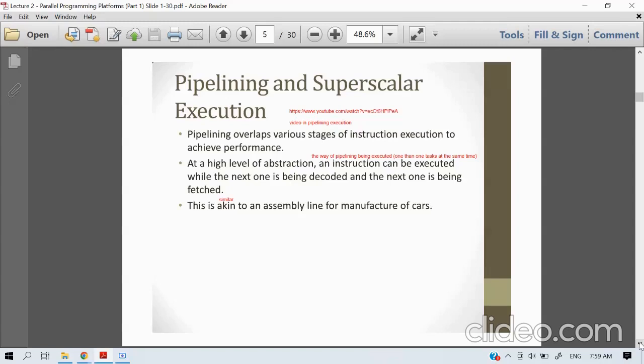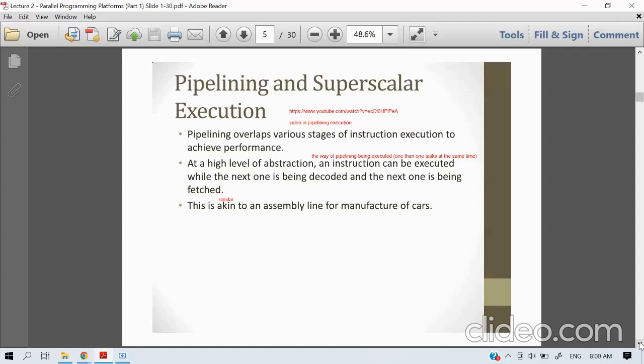So at a high level of abstraction, an instruction can be executed while the next one is being decoded and another is being fetched. So at one time, level after level, it comprises many kinds of instructions being executed.